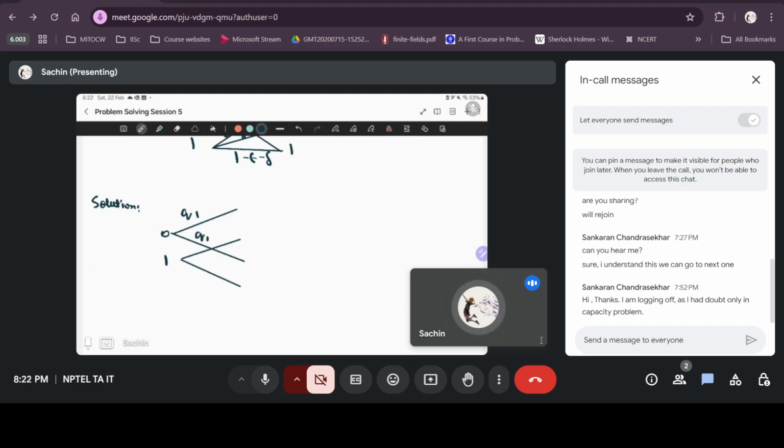With probability Q1, you go to the first channel, and with probability Q2, you go to the second channel.